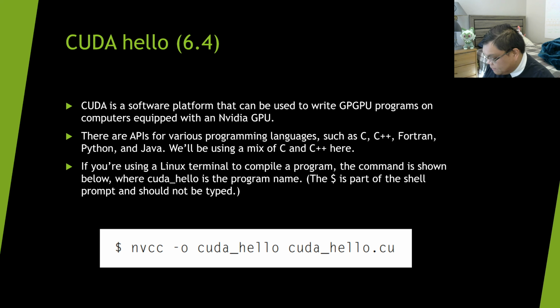And that's because it's a modified C++ compiler. So where the specifications for C and C++ differ, the CUDA compiler sometimes uses C++. So that's why I say we'll be using a mix of C and C++ here. Does it matter that we're using C or C++ code here? Not really.